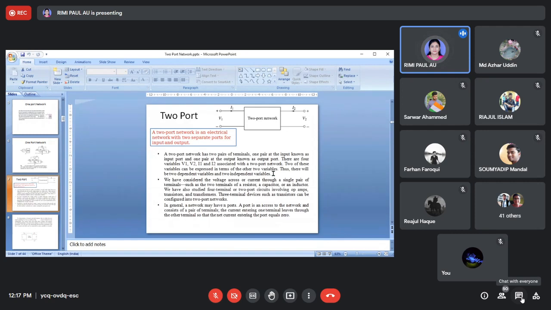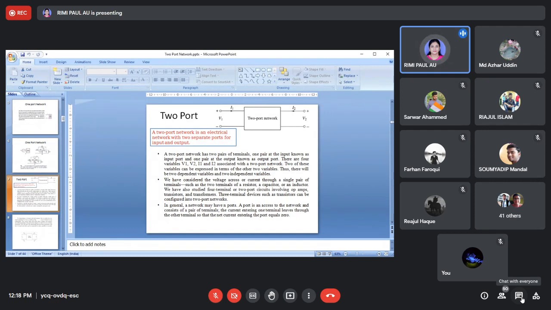Now, what is a two-port network? I already discussed it, I'm just going through it again. You can see a two-port network where we can give a supply voltage, with V1, I1, V2, I2. A two-port network is an electrical network with two separate ports for input and output.